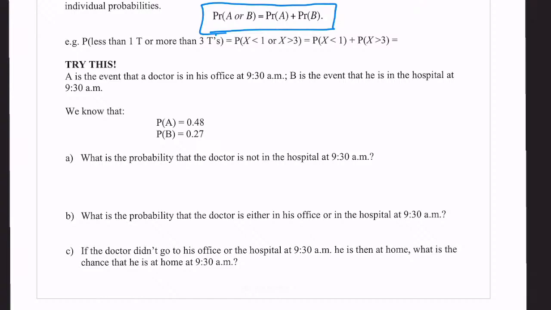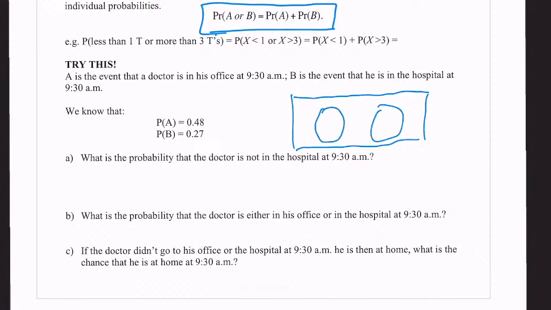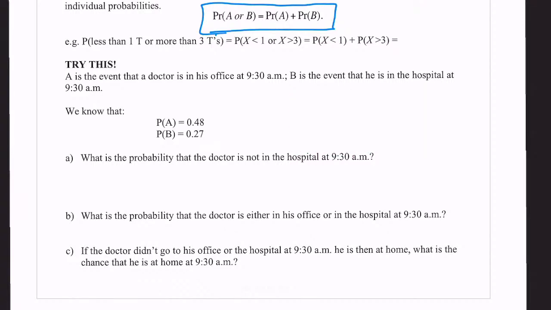Okay, you done? For this one, I would just draw it. There are two outcomes that are mentioned, and we'll assume they don't overlap, right?